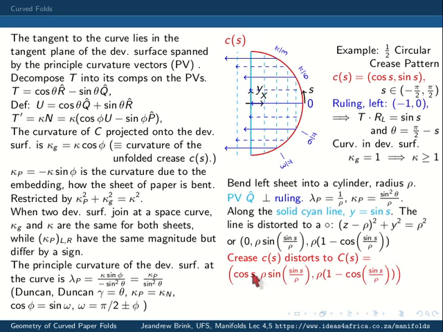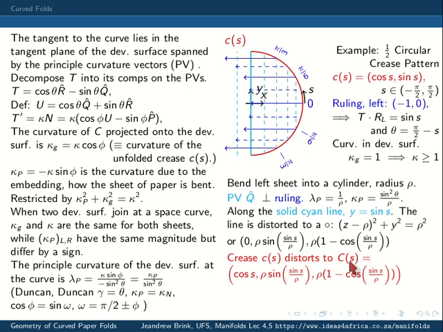One thing to check is that the arc length parameter along the crease has to remain the arc length parameter of the distorted crease. So what you have to do is work out the tangent to this thing. It's just a check. The construction should have kept it that way, but it's a check.